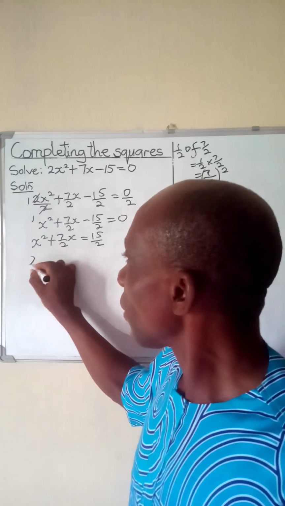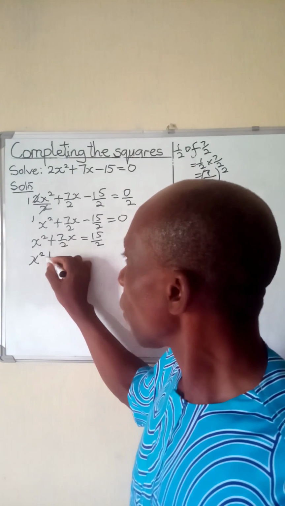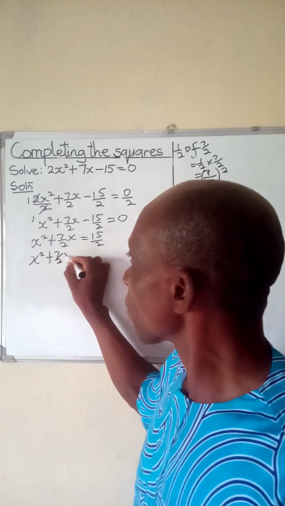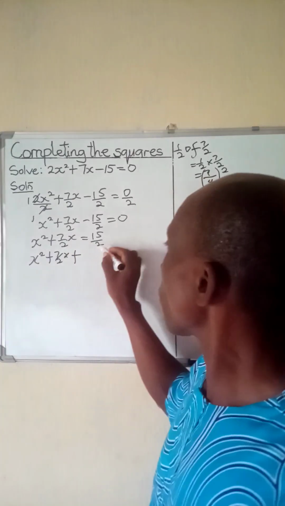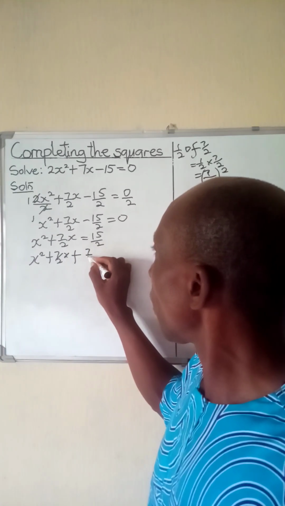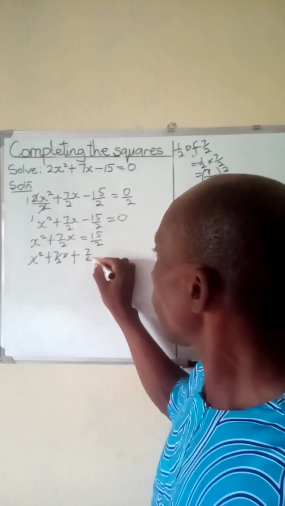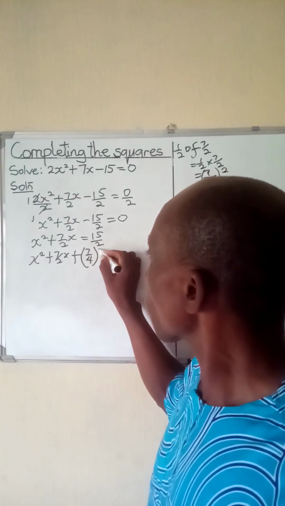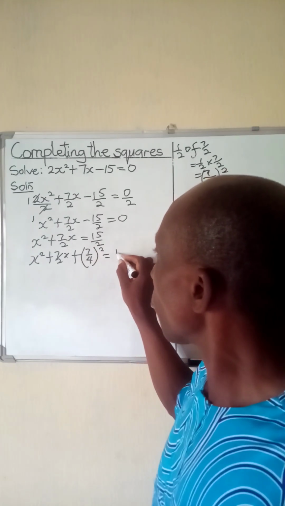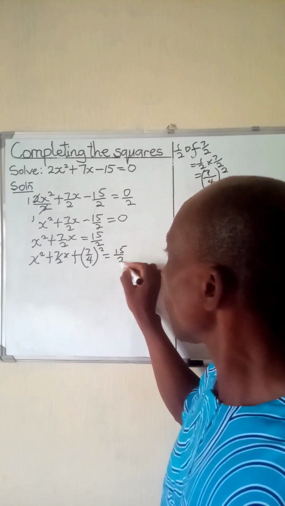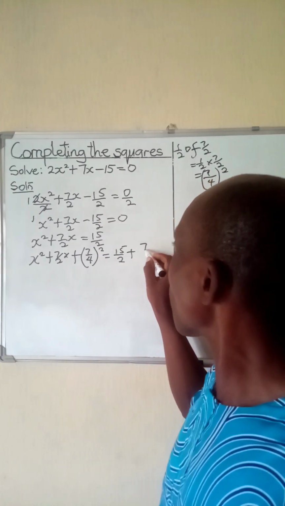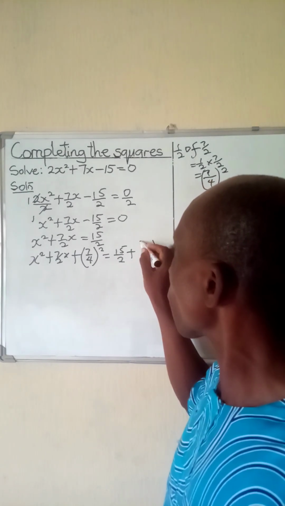So we'll now have x squared plus 7 over 2 x plus the square, 7 over 4 all squared, equals, here we still have 15 over 2, and then we would add 7 over 4 all squared.